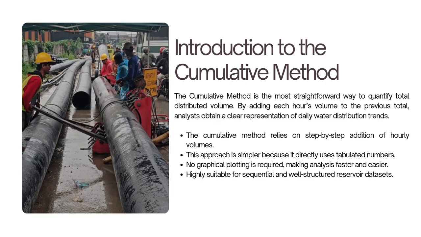The first one is that the cumulative method relies on the step-by-step addition of the hourly values. This approach is simpler because it directly uses tabulated numbers, and no graphical plotting is required, making analysis faster and easier. And the last one is that it is highly suitable for sequential and well-structured reservoir data.